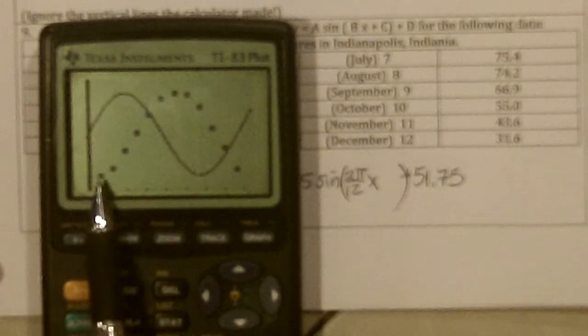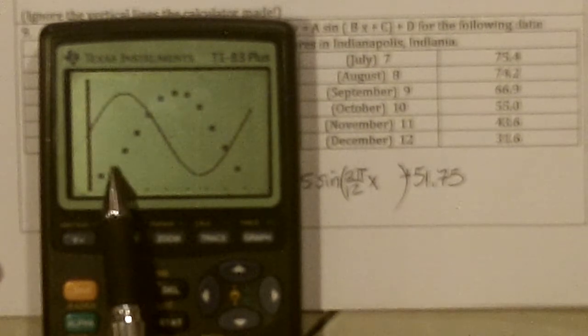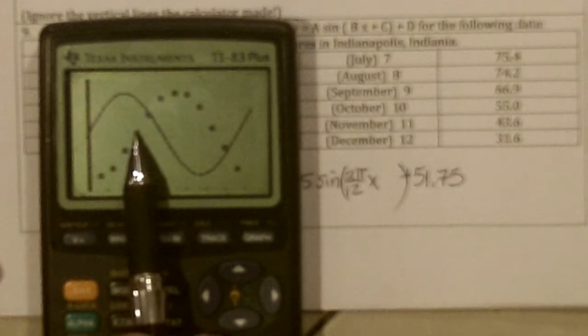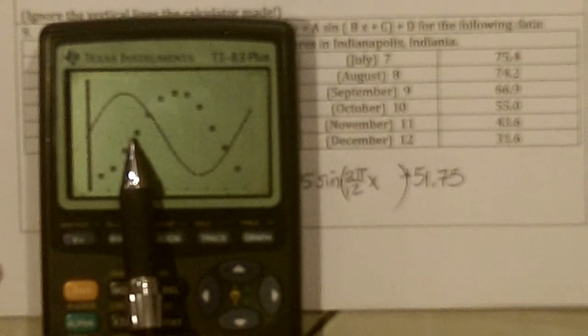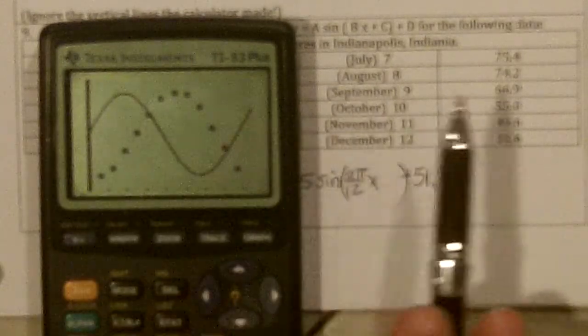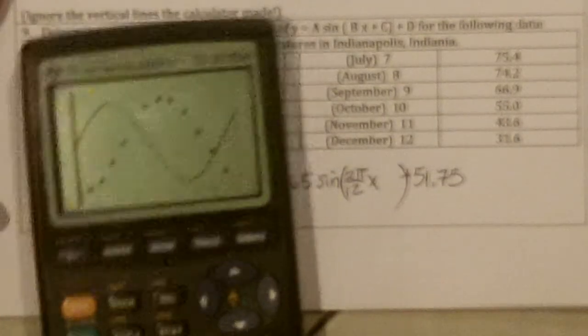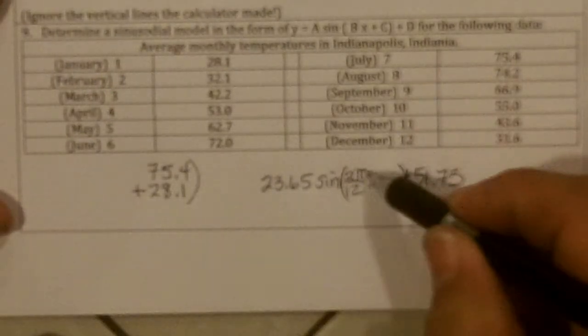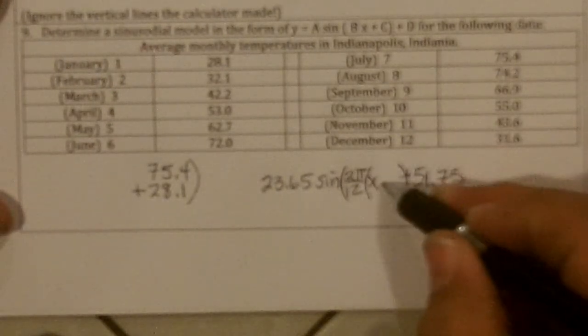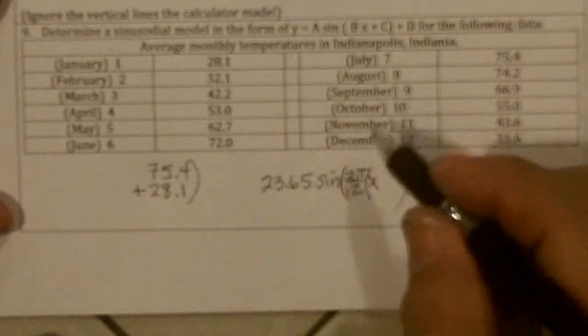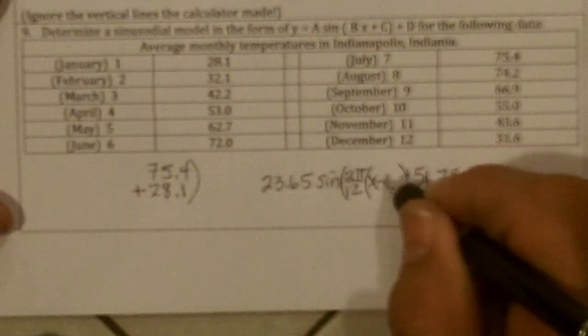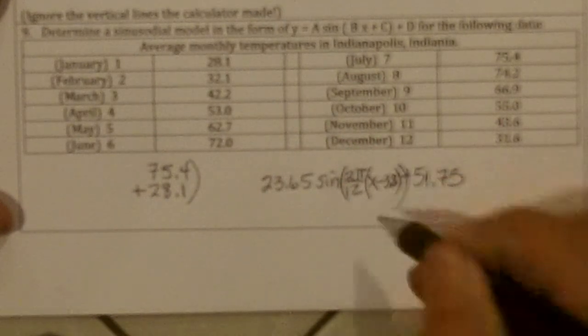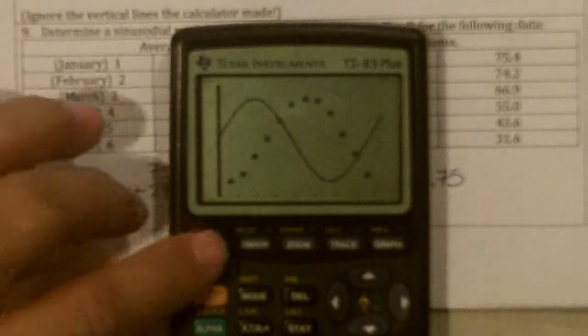Looks like here's 1, 2, 3, 4. We need to move it over about 3.8 to the right. So to do that, I put the parenthesis around the x and then, to move it right, I've got to go minus 3.8 months. So let's see if that works.